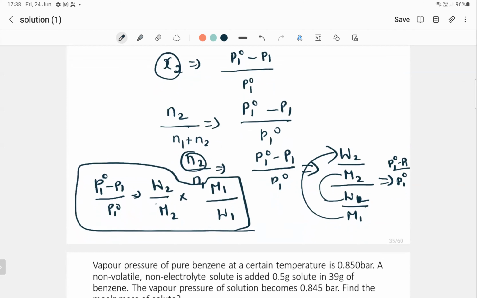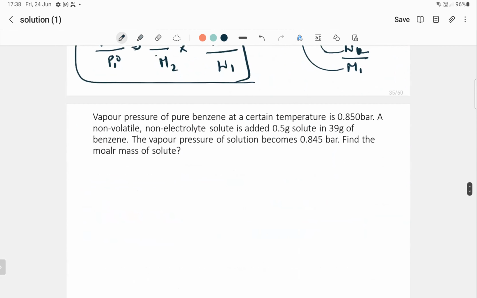Everyone got this derivation? Okay. Now, do the problem. Okay. See, non-volatile, non-electrolyte solute. So the solute given mass is 0.5 and 39 grams of benzene.